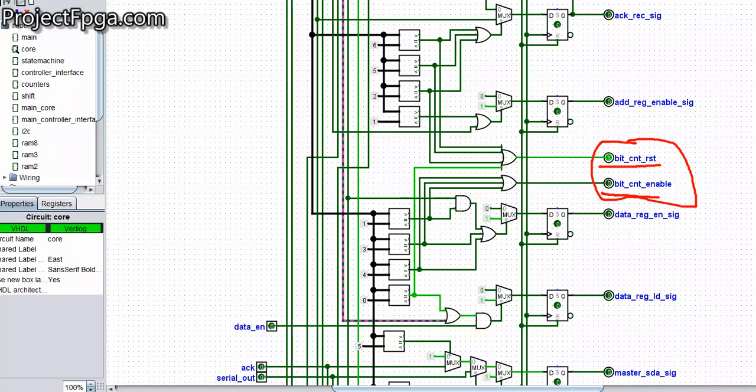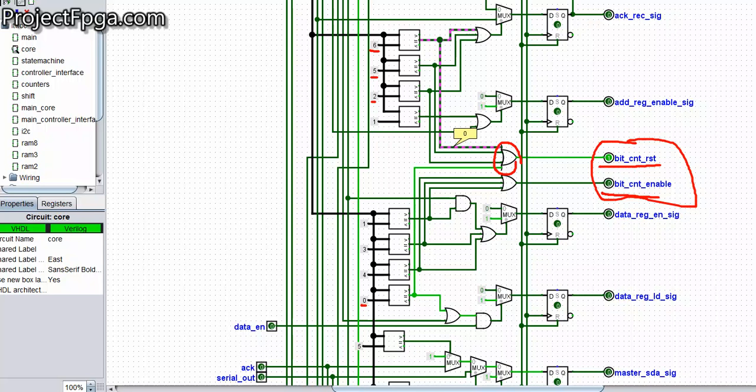First, these are the states here: state 6, state 5, state 2 and state 0. Those are the states at which we reset, because it's an OR.